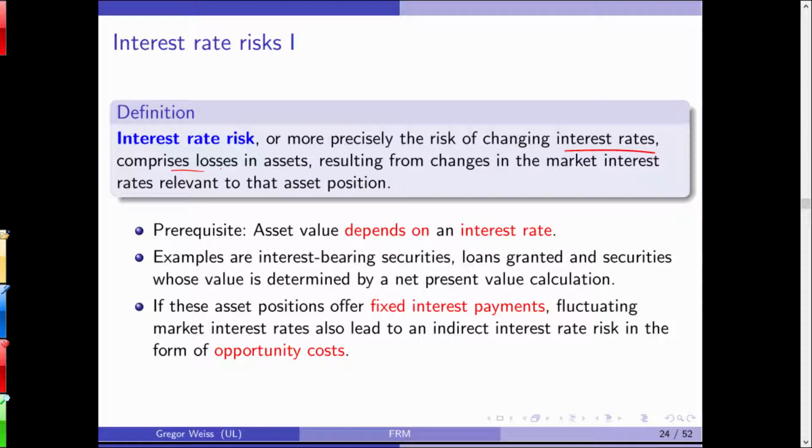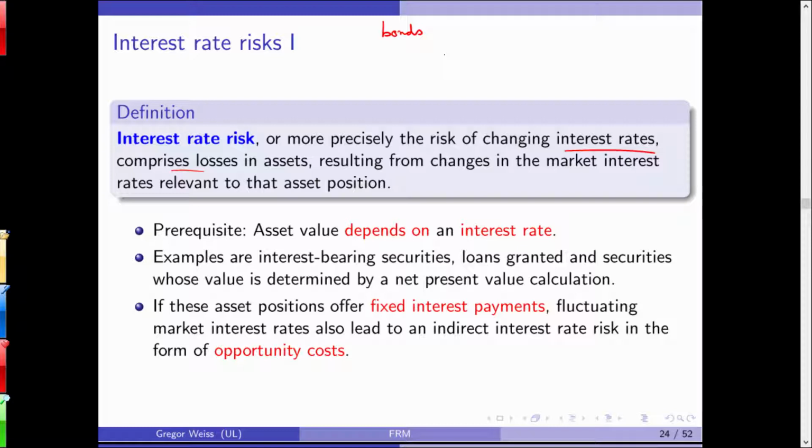By the way, if you look at bonds or coupon bonds, zero coupon bonds, zero bonds, they are usually referred to as fixed income products. This is fixed income. Why? Because the cash flows are fixed. For a stock investment, you don't know what dividend the company will pay out next year.